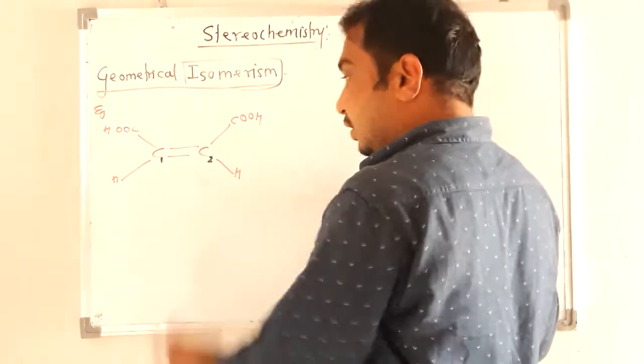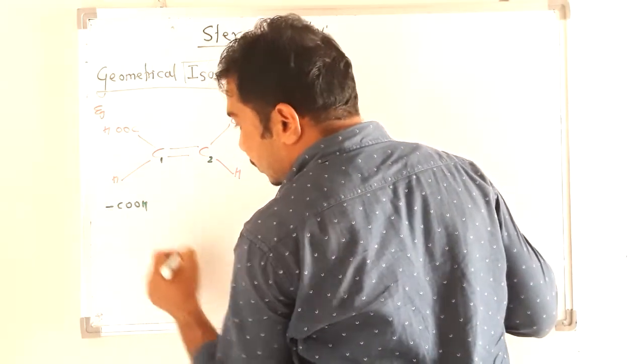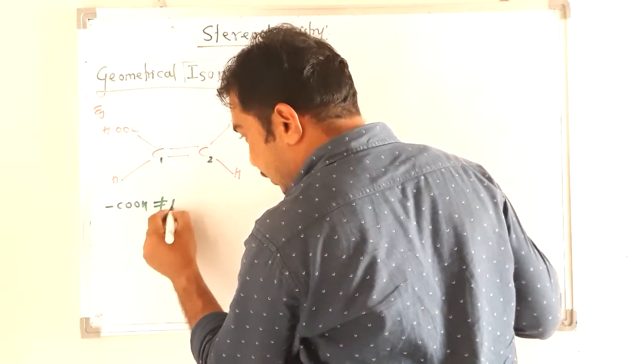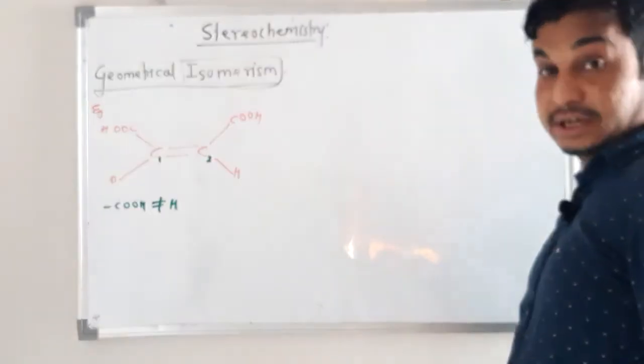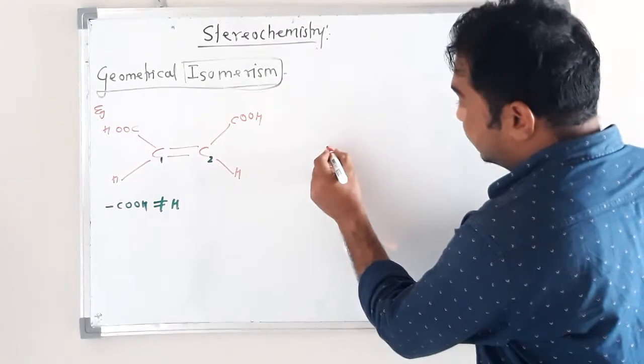For example, carbon number 1 contains a carboxyl group and also contains hydrogen, and these two substituents are not equal. The same two substituents are present on carbon number 2. Therefore, it is possible to show geometrical isomers. So, very simple.